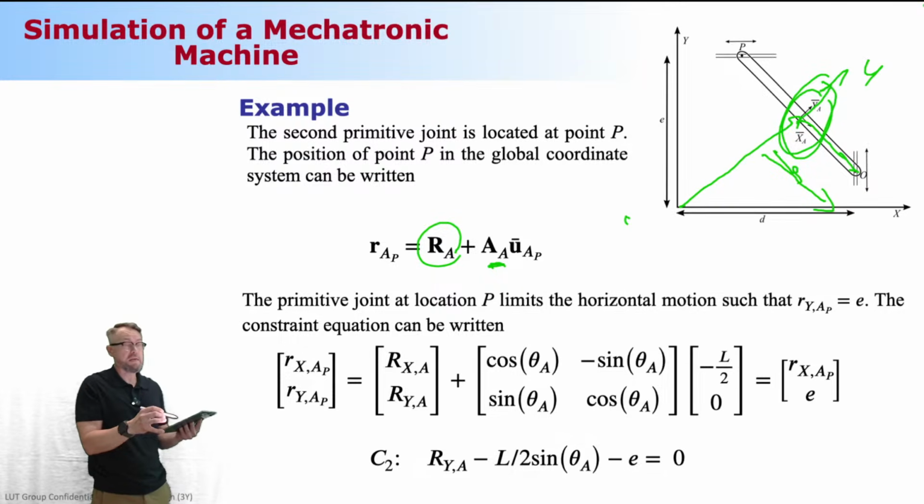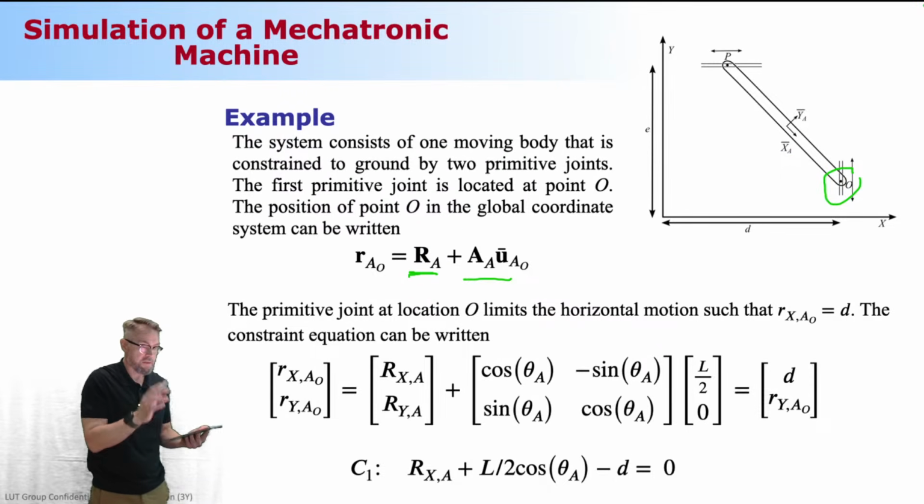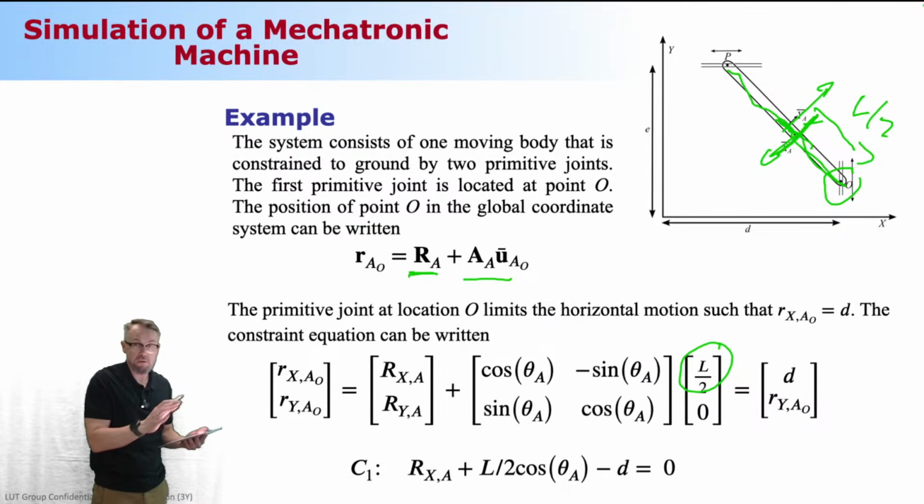That's going to be the length divided by 2, L divided by 2, positive direction. How much in the transverse direction? 0. Because I'm already here, already oriented as the body reference coordinate system, so I don't need to move in this direction at all. That's why the 0 is coming here.